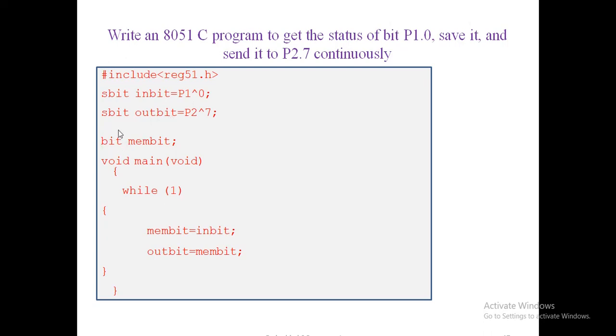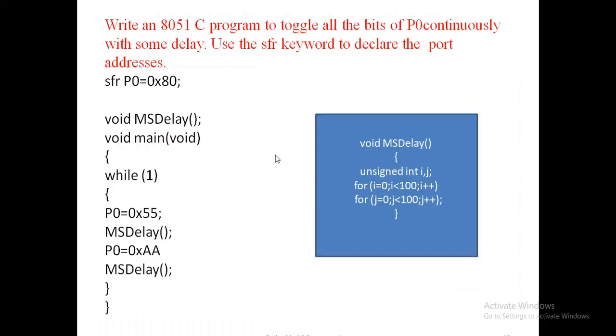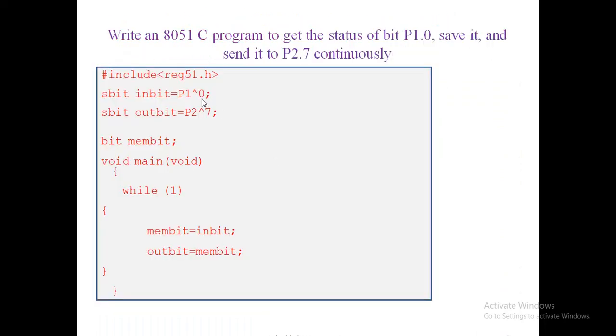You must carefully see this is a bit. If you are using a bit, it has to be accessed in the RAM bit-addressable location, anywhere from 20 to 2F, where you can save it. If you are writing in assembly level programming, you can specify which location you want to store the data available in P1.0, and that location can be specified.